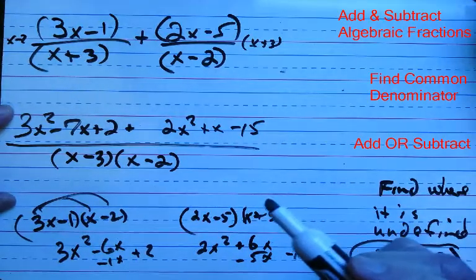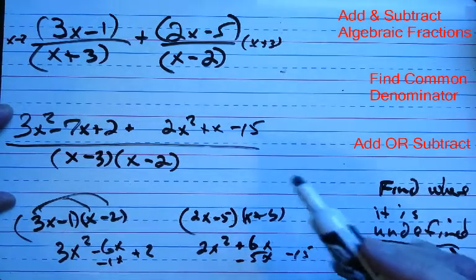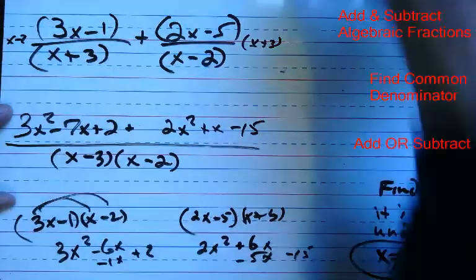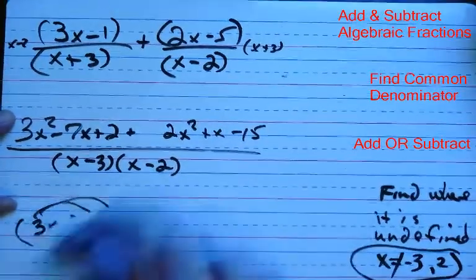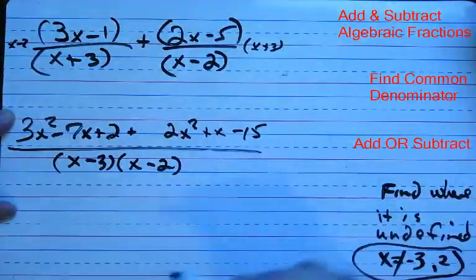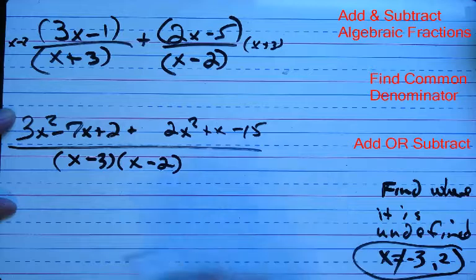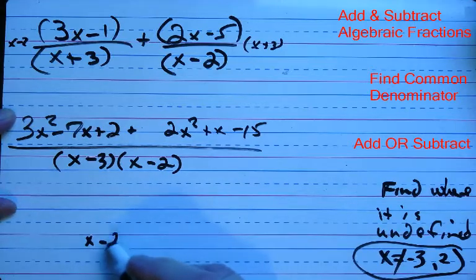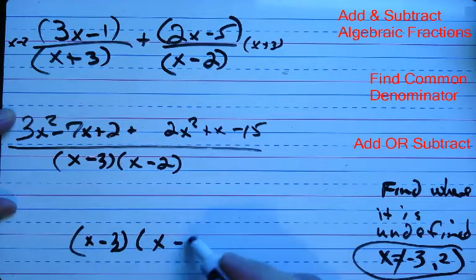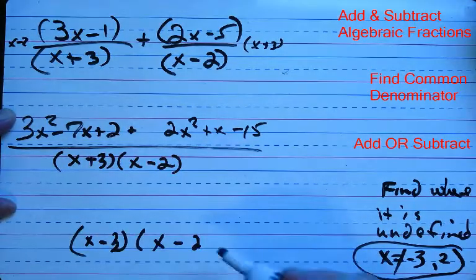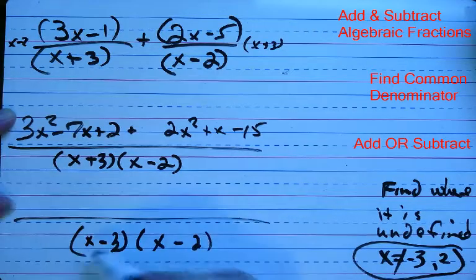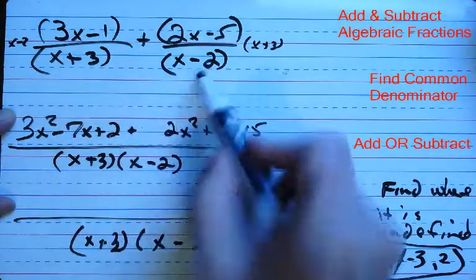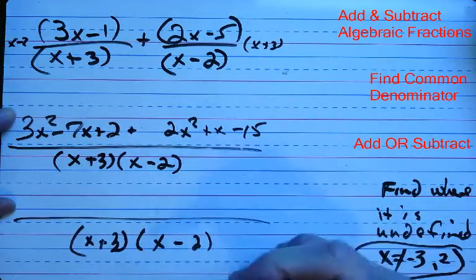So, there we go. Now then, are we done? No, we're not done. We have to add the things together on top. So the bottom stays the same. The bottom, that's the common denominator. So x plus 3, x minus 2. There we go. Okay, very good.